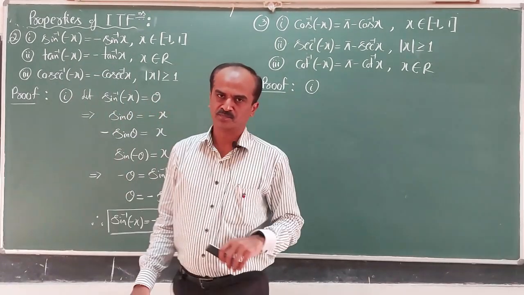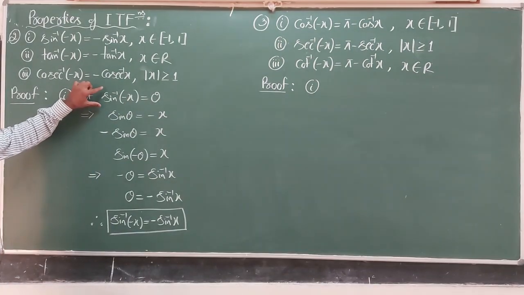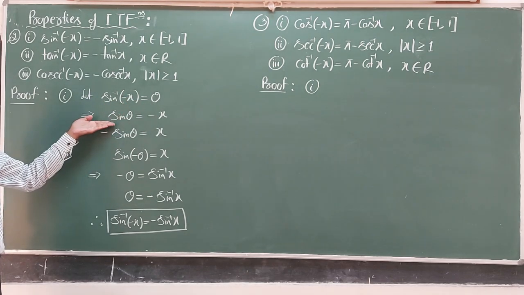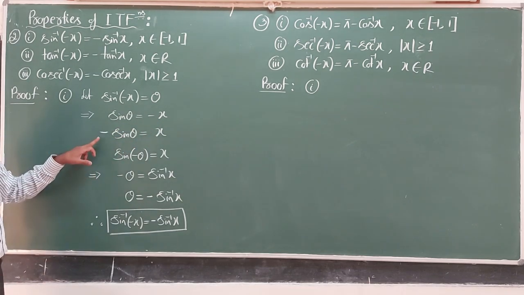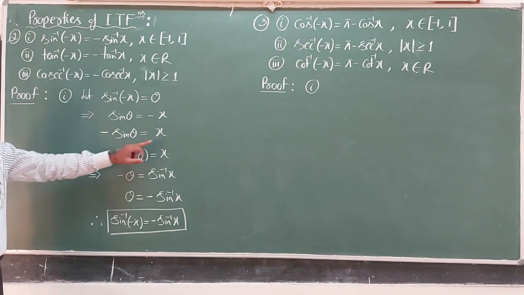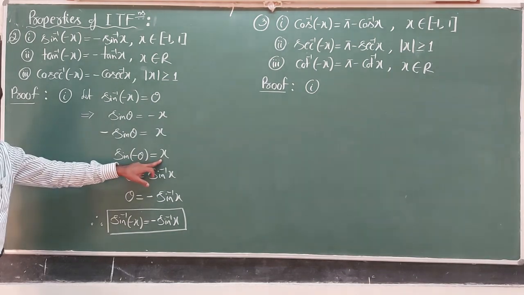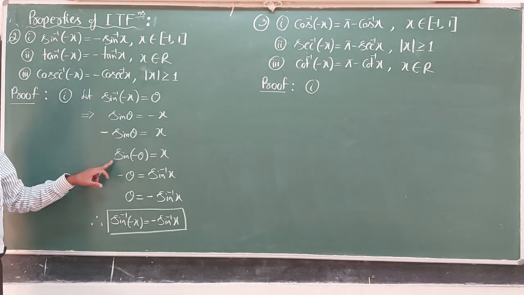A very simple proof. Observe the steps. Initially, assume sin inverse of minus x as theta. Using the inverse function, I wrote sin theta equal to minus x. Multiply both sides by minus 1. We get minus sin theta equal to x. Using allied angles, sin of minus theta is x, because sin of minus theta is the same as minus sin theta.